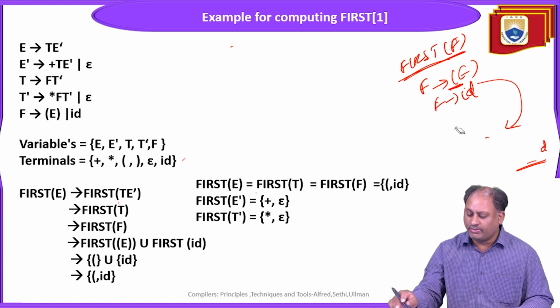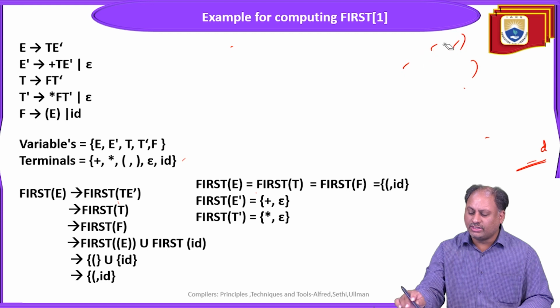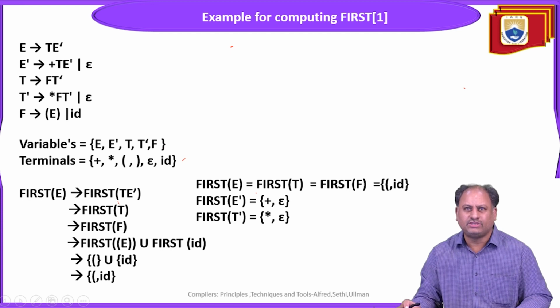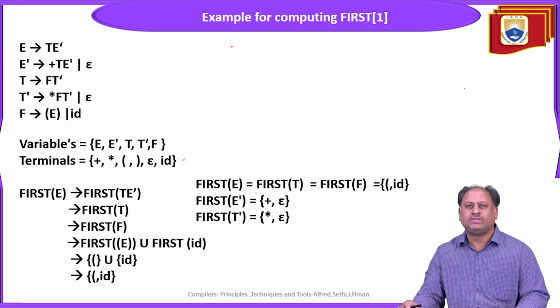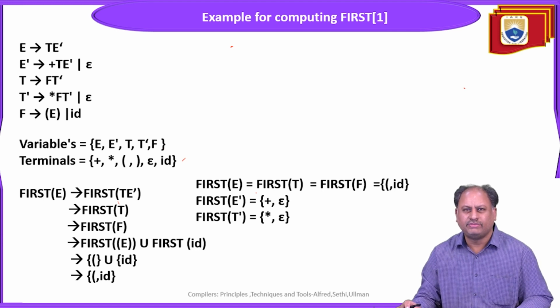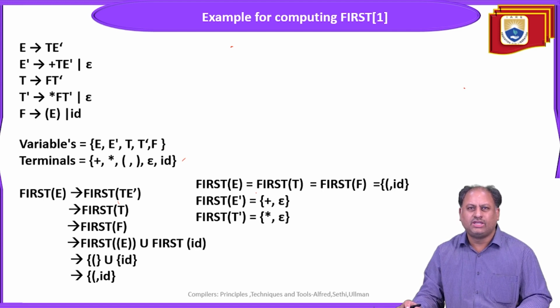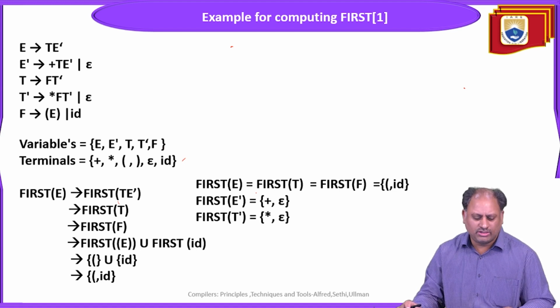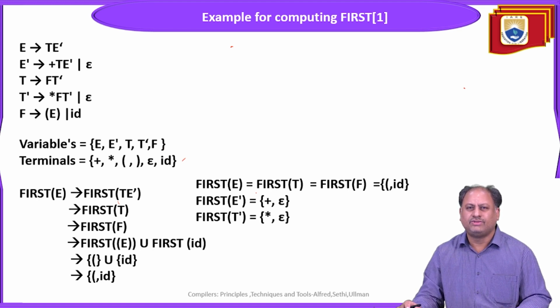If a variable still appears, the computation is applied continuously until a terminal appears. If epsilon appears, we include it in the result. If a terminal appears, we include it in the result. In that way we get all the computations of first.